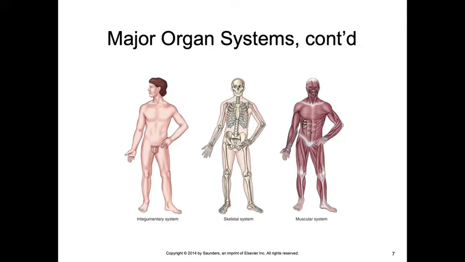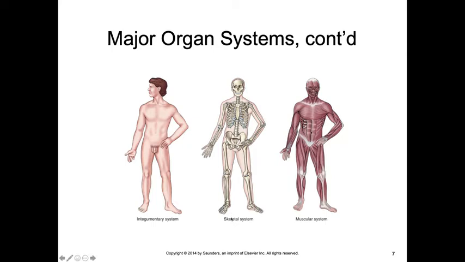Now they don't really serve those purposes as effectively, and that's because over time we figured out how to make clothing and how to produce our own weapons, and so we didn't need those structures anymore, and they evolved away. The skin's also a major source of vitamin D, which is important for mineralizing bone, which brings us to the middle system here, the skeletal system.